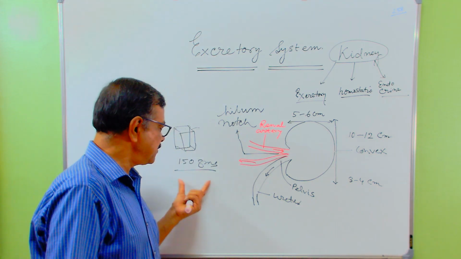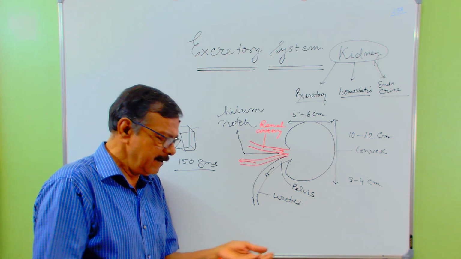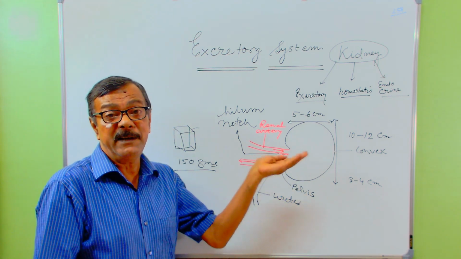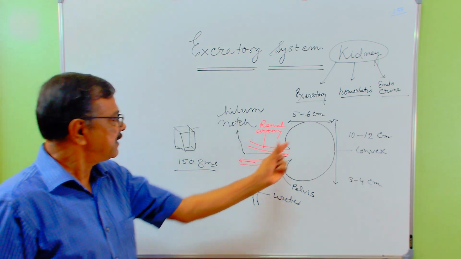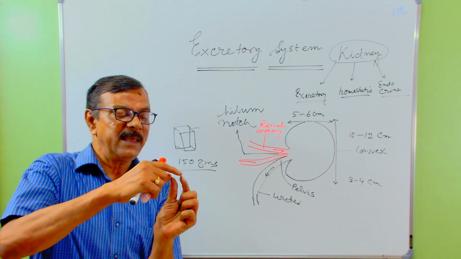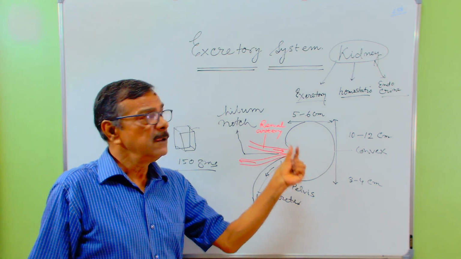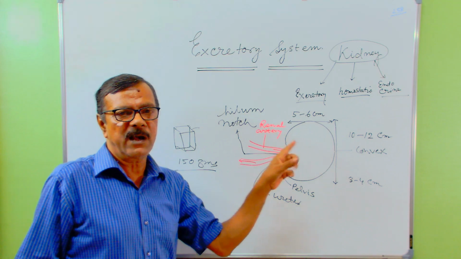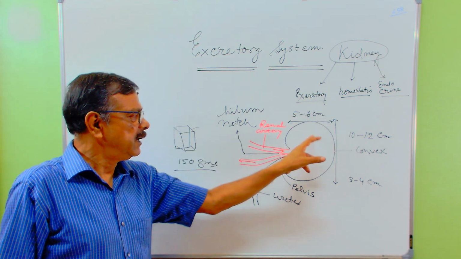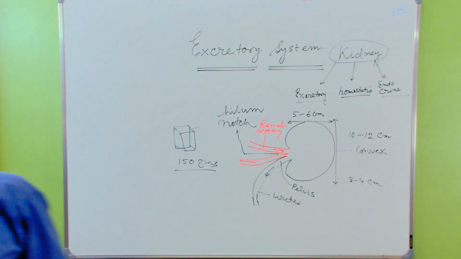That is 150 grams of a little mass, and it is doing the entire work. The thickness is only 3 to 4 centimeter. So within this small organ, the entire main excretory process, the urinary system function, takes place.